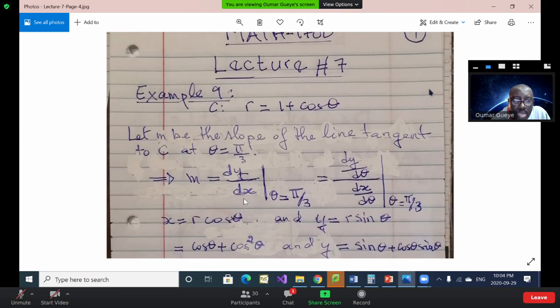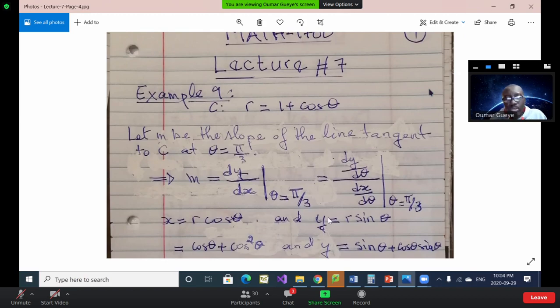And to calculate dy by dx, as you know, it's going to be dy by d theta over dx by d theta when theta equal to pi over 3. So it means you have to calculate the derivative of y with respect to theta and the derivative of x with respect to theta. But if we want to calculate these two derivatives, we first need to know how x and y depend on theta.